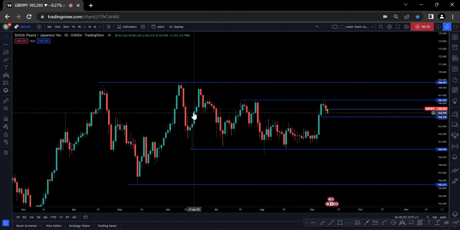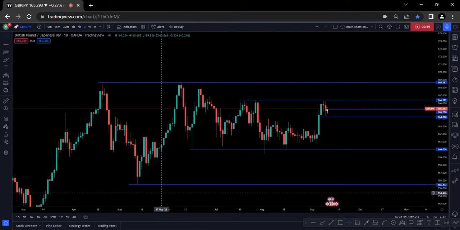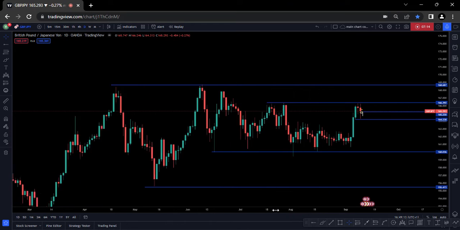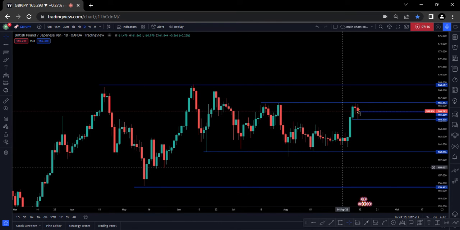Most times on GBPJPY, most of the patterns we see are inverted head and shoulders, head and shoulders patterns, double tops, double bottoms. In the little time I've back tested on GBPJPY, these are the most recurring patterns I see.